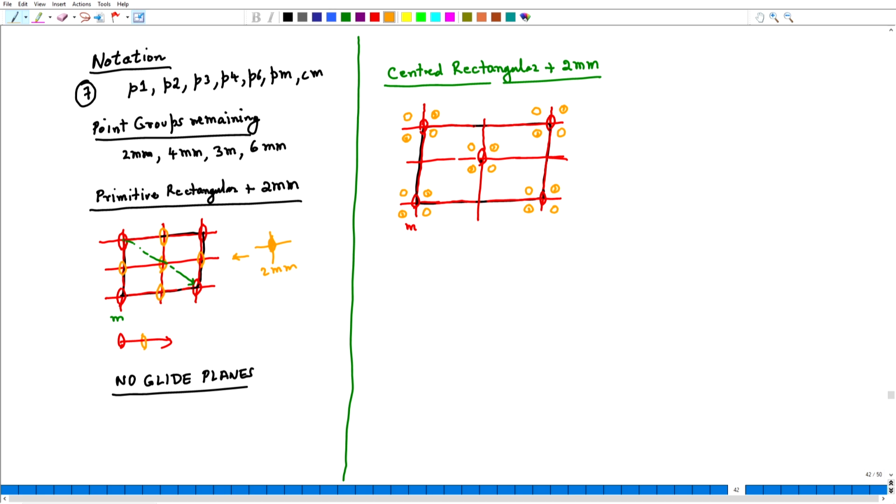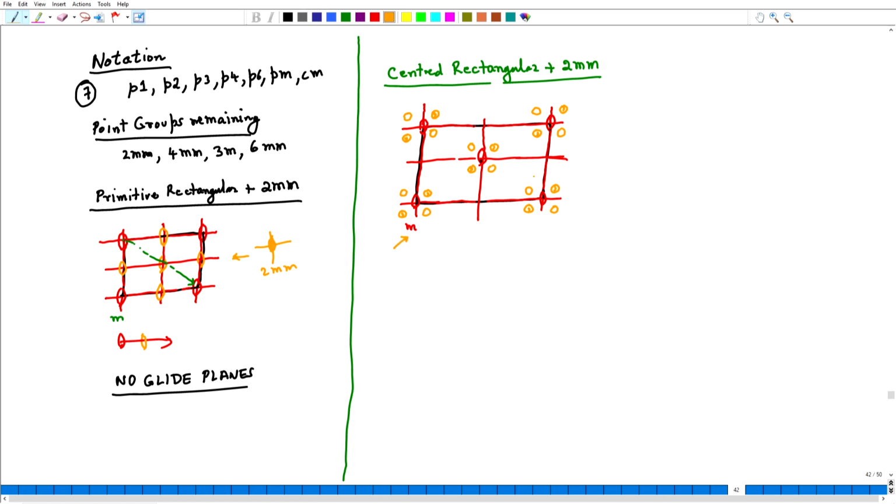Now, what else can we do in this? Well, clearly, just like what we had done when I put just the mirror in the centered rectangular. So, let us see what will happen to those mirrors. The same thing will happen. We will get lots of glide planes in this case.